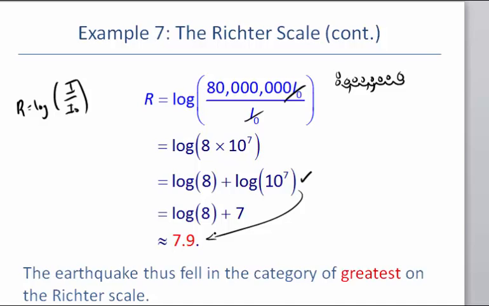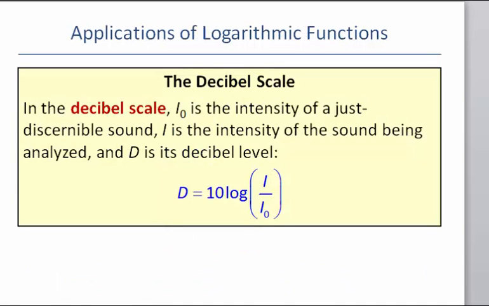All right, and then the final application that we're going to look at is that of a decibel scale. So talking about sound, again, I sub 0 is the intensity of a just discernible sound. I is the intensity of the sound that you're looking at, and D is the decibel level. So you have a similar formula here: D is equal to 10 times log of I over I sub 0.